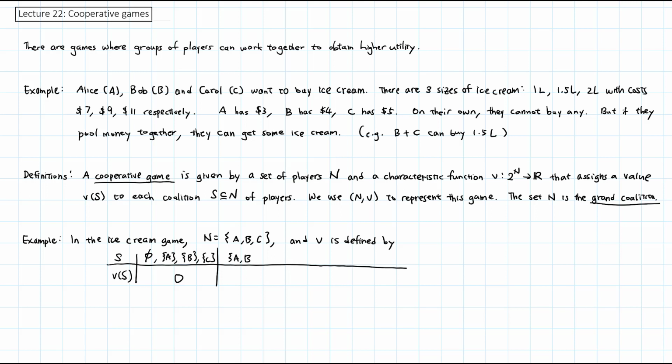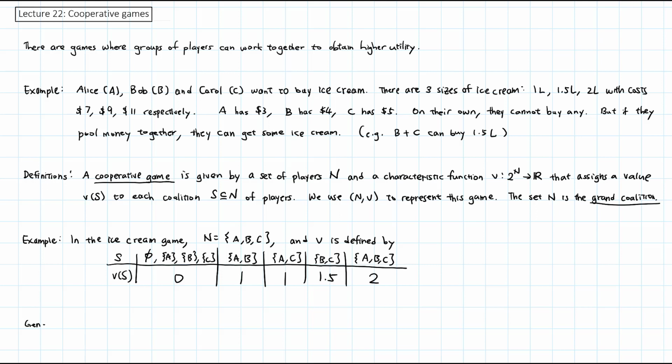If Alice and Bob form a coalition, then they have $7 to buy 1 liter of ice cream. Alice and Carol together can buy 1 liter. Bob and Carol together can buy 1.5 liters. If all three of them combine to form the Grand Coalition, then they would have $12, enough to buy 2 liters of ice cream. And this is how we define a cooperative game.